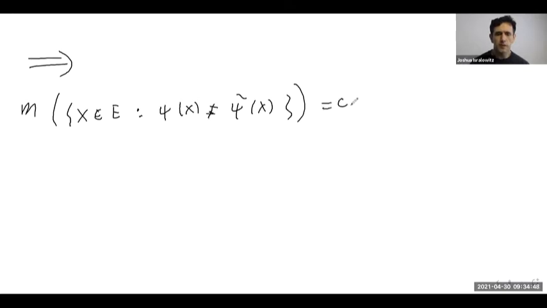Okay, so that takes care of the proof that this is well defined.